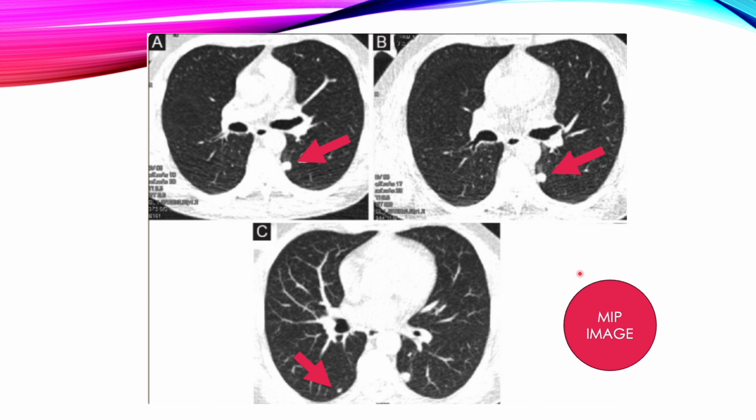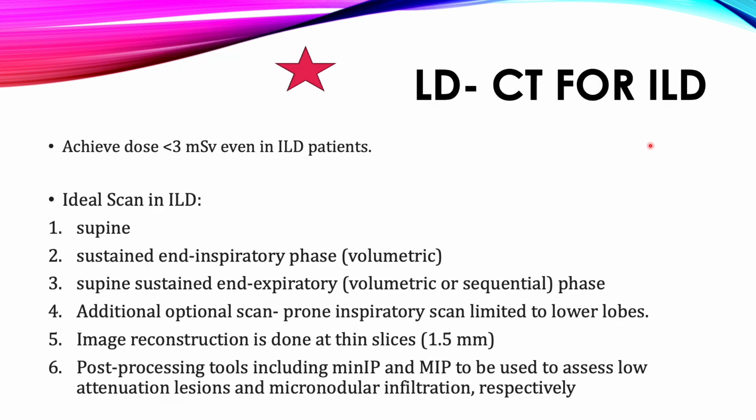And there have been various combinations of which voltage, which current to use to call it a low-dose CT. But on an average, the low-dose CT screening can be performed with a dose less than 2 millisieverts and less than 100 milliamperes. For ILD, we want to achieve a dose less than 3 millisieverts.